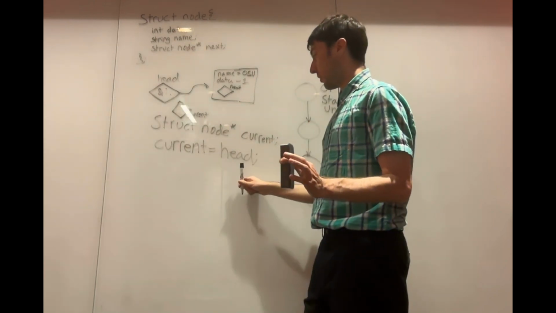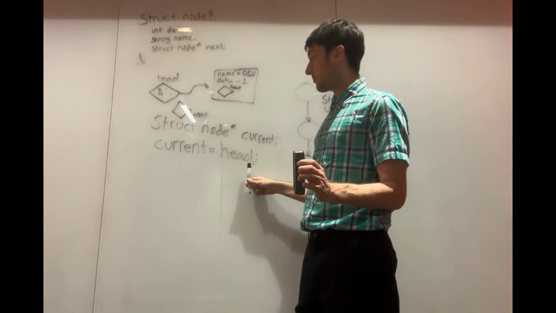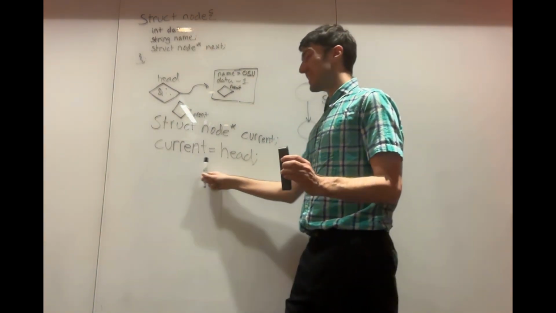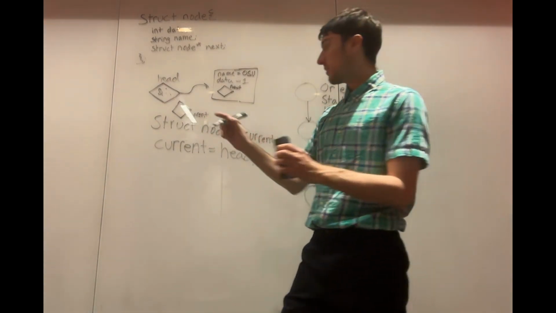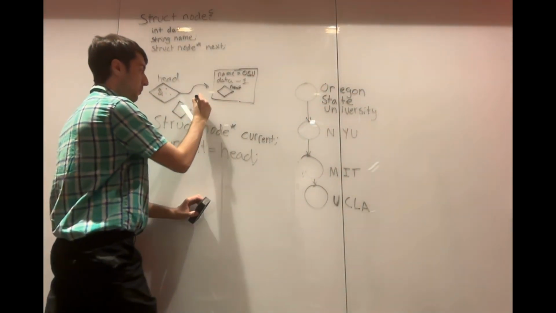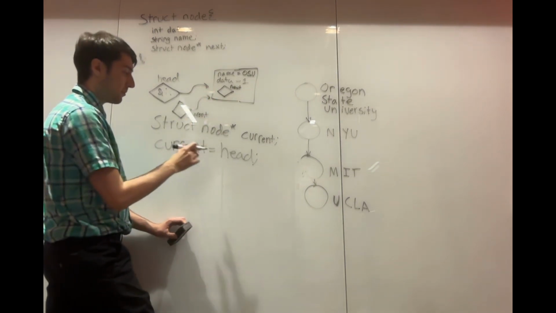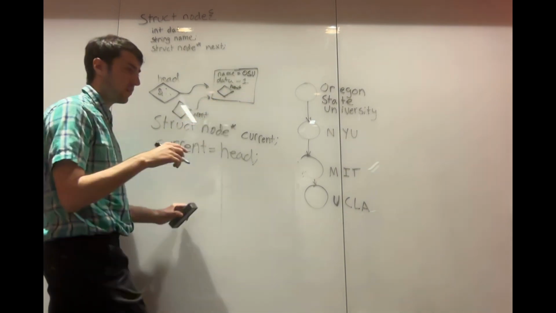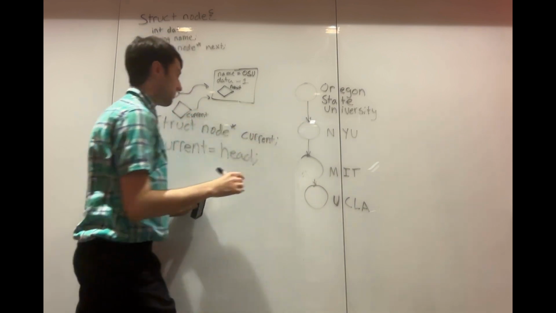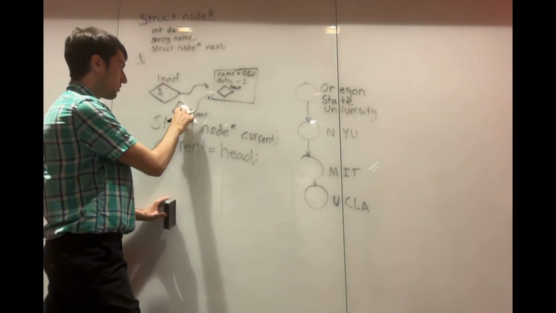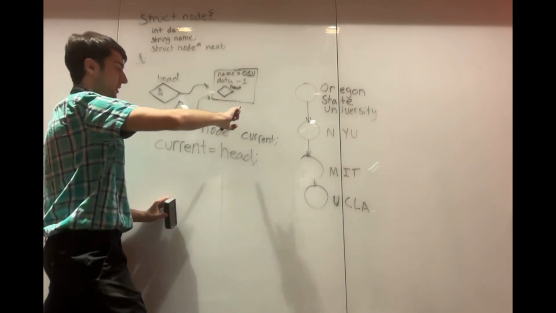But at this point, head just contains an address, and now I'm storing that same address in the variable called current. That means current points to this element as well. Notice it doesn't mean go to; this arrow just means there's a connection. Okay, cool. So current and head both point to this first element.